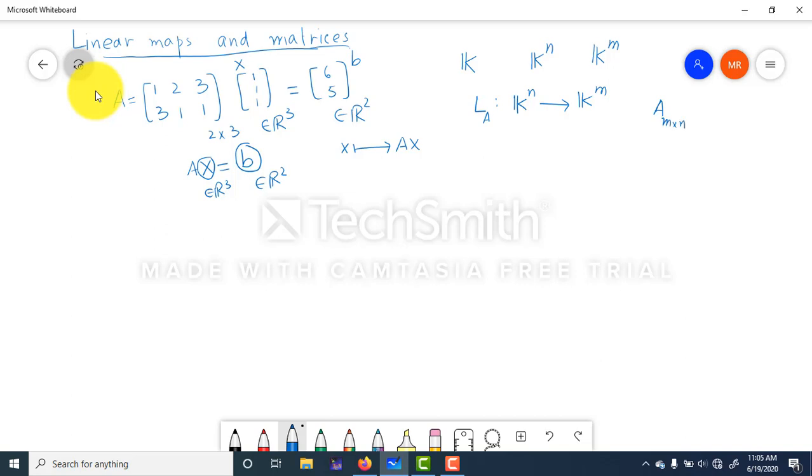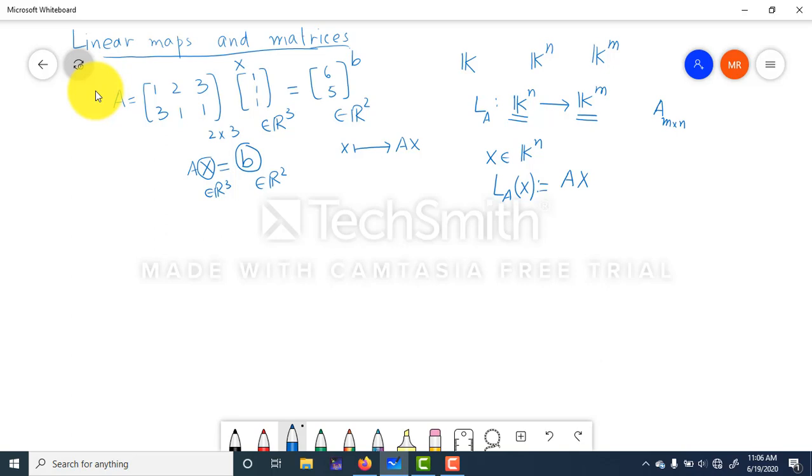And how do we transform vectors from Kn into Km? We pick any vector x from Kn and transform it like this: LA of x is equal to A times x. So this is the rule for transformation of vectors from one space to another space. And this transformation defined by this matrix is a linear transformation.